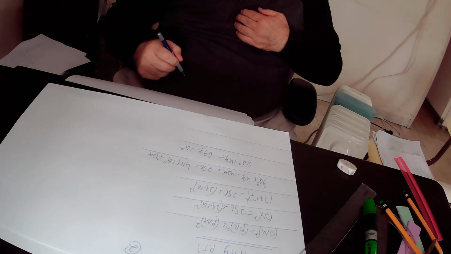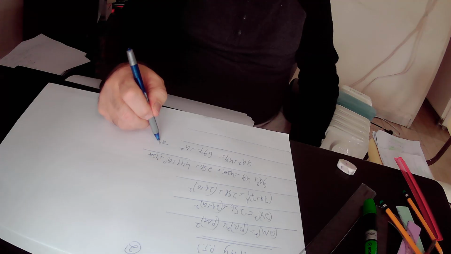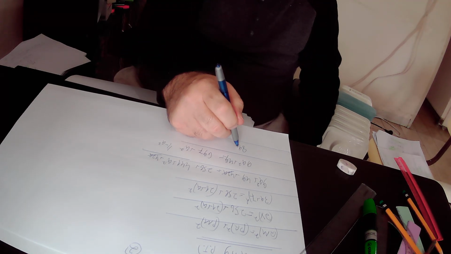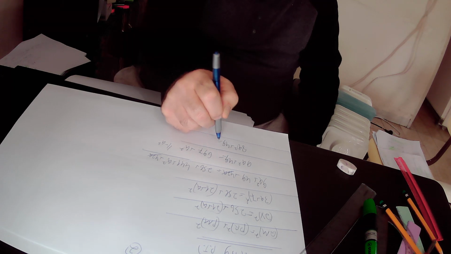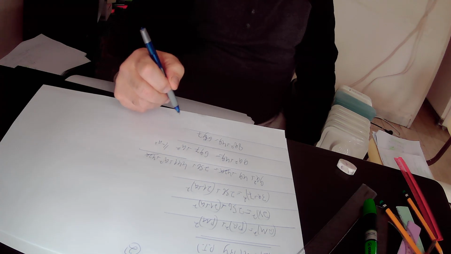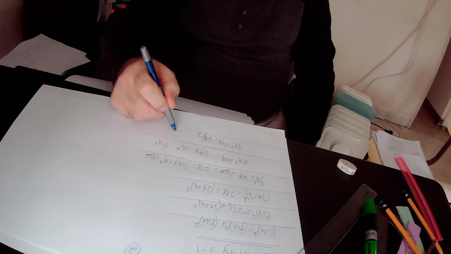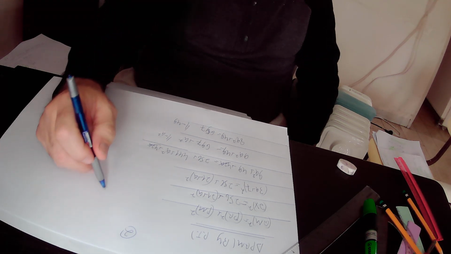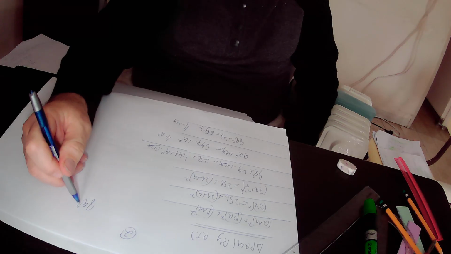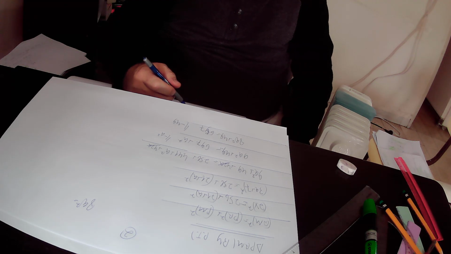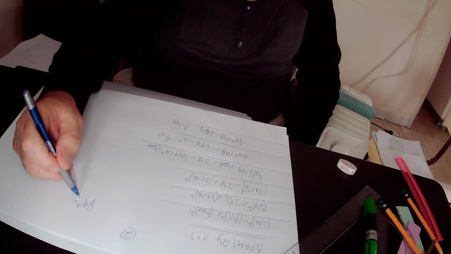So here we subtract a squared from this equation, and you get that 9a squared minus a squared is 8a squared plus 49 equals 697. Here we subtract 49 from this equation, and you get that 8a squared equals 697 minus 49, which equals 648.